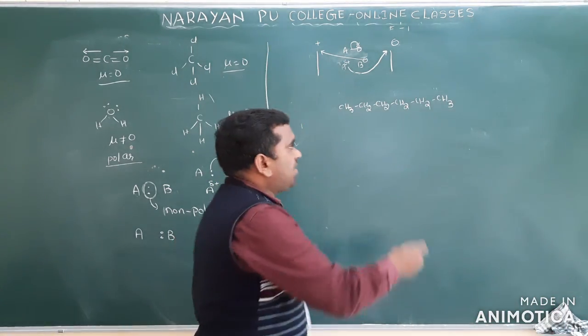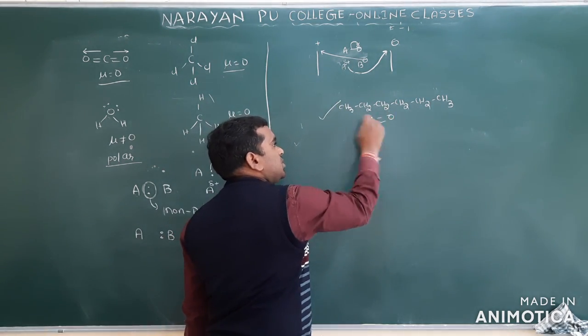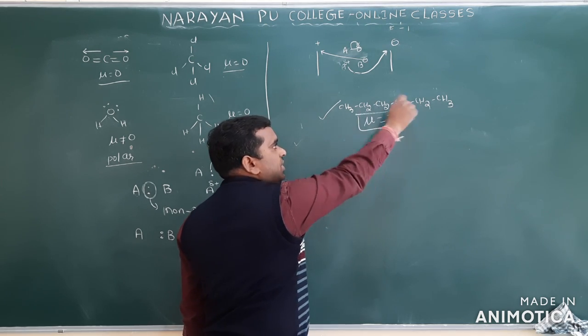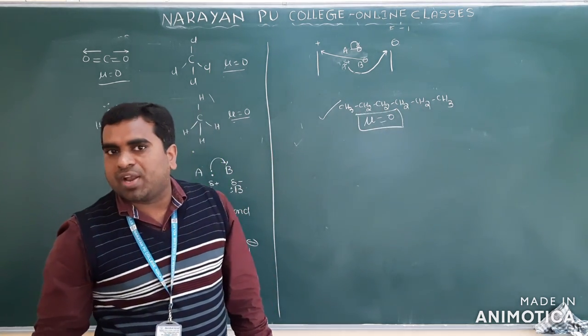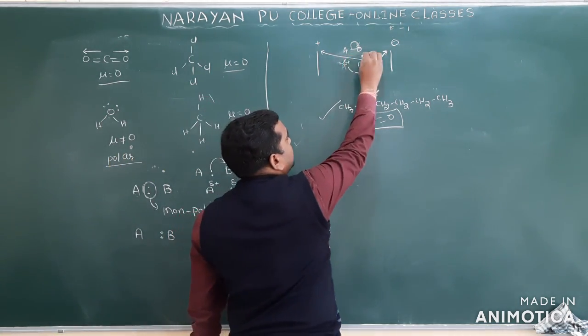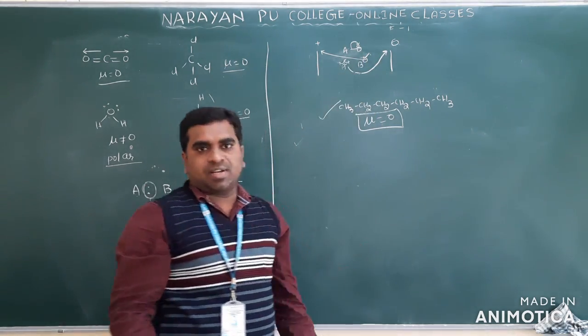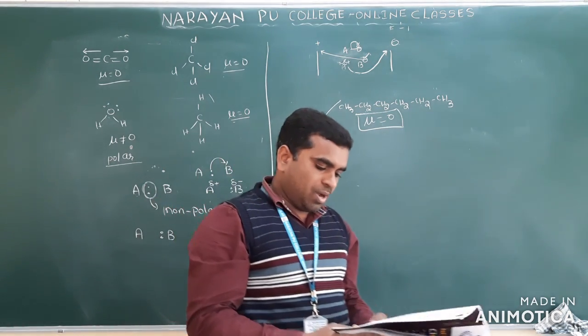So which geometry? Regular geometry. Regular geometry means mu is equal to 0. Mu equal to 0 means it is not polar. If it is non-polar, then poles will not be generated on the molecule. If poles are not generated, it will not be deflected. That is the option. Clear?